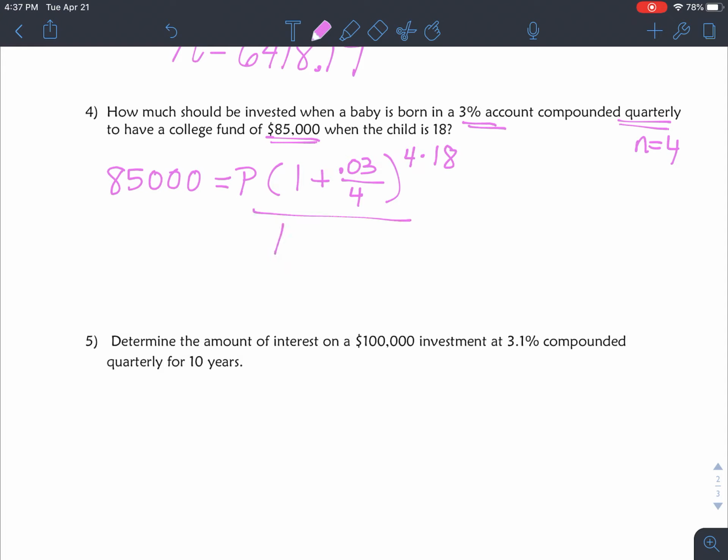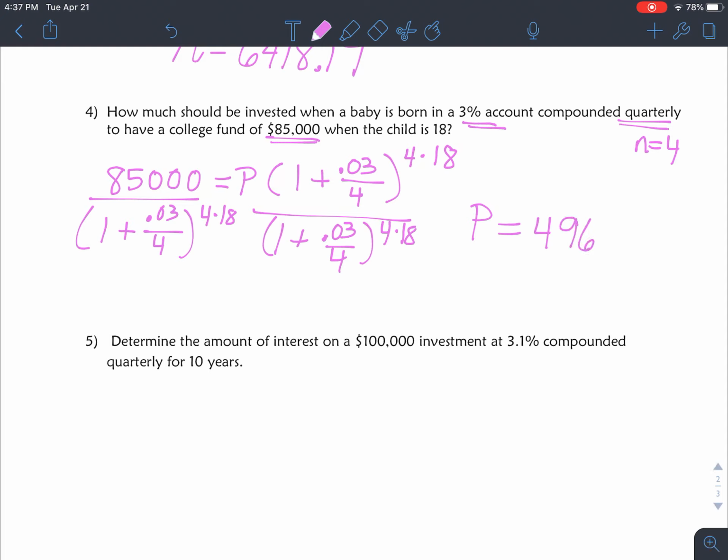So I want to divide by that 1 plus 0.03 divided by 4 raised to the n times t. So in the end, hit pause. Make sure you end up with your P being about $49,633.51. Wow, that would be a lot. I definitely did not do that.